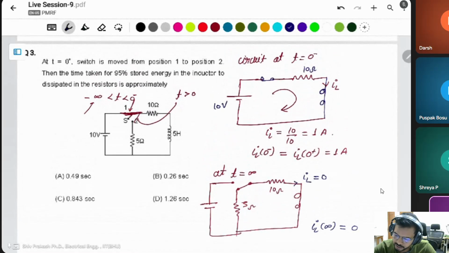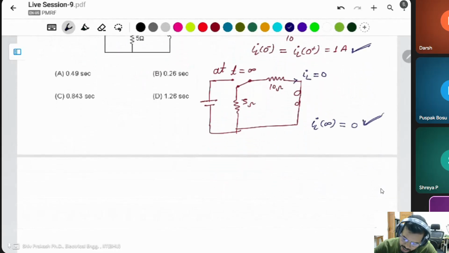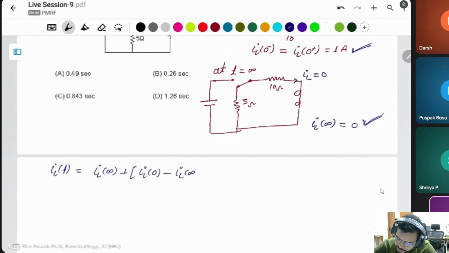We get the initial current at t equal to 0 and the final current. This is the initial current of the inductor, and this is the final current of the inductor. Then IL(t) will be IL at infinity plus, IL at 0 minus IL at infinity, times e to the power of minus t by tau.